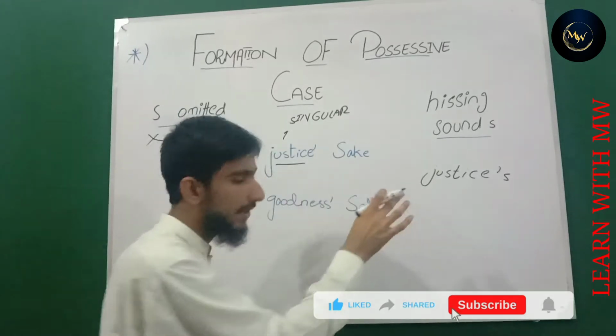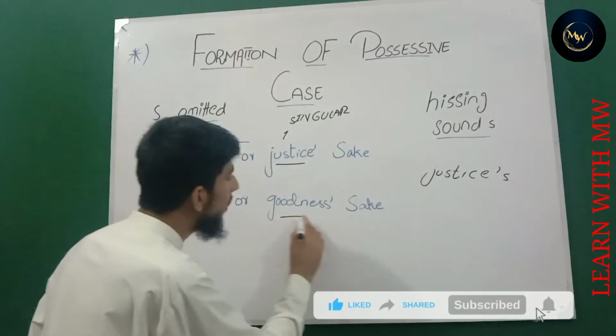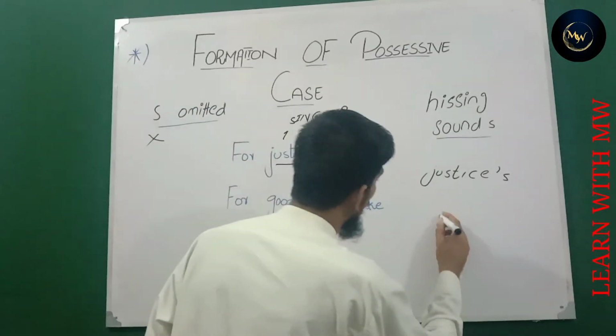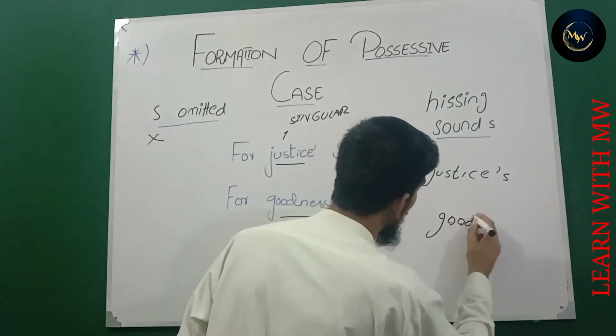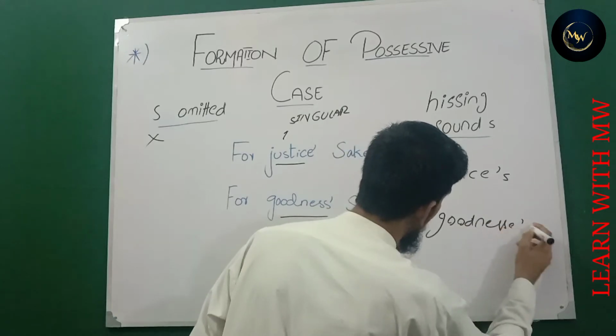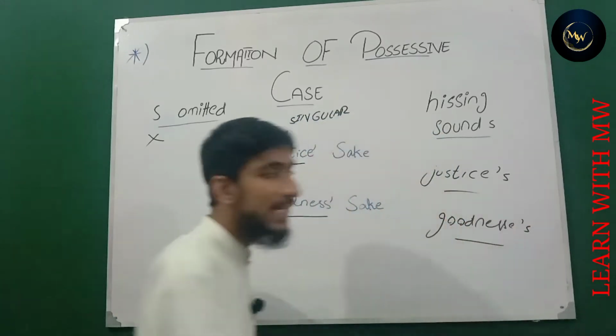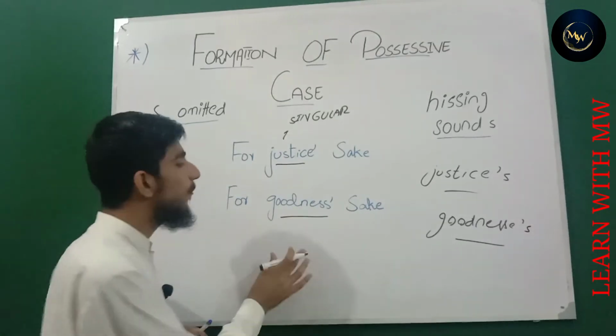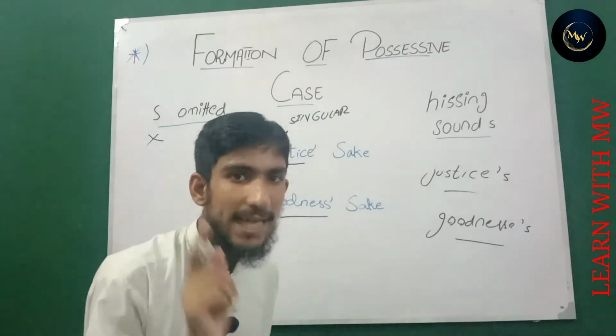So, for justice' sake. And again, look at for goodness. Goodness is also singular. When we pronounce it like this, goodness's, it will be wrong because too many hissing sounds are produced. So we just write or pronounce it for goodness' sake. Hope you understand.